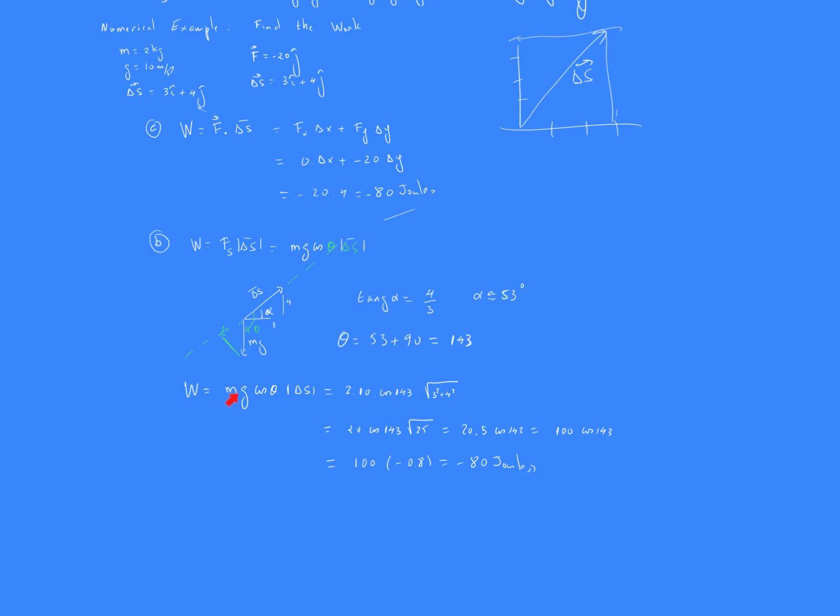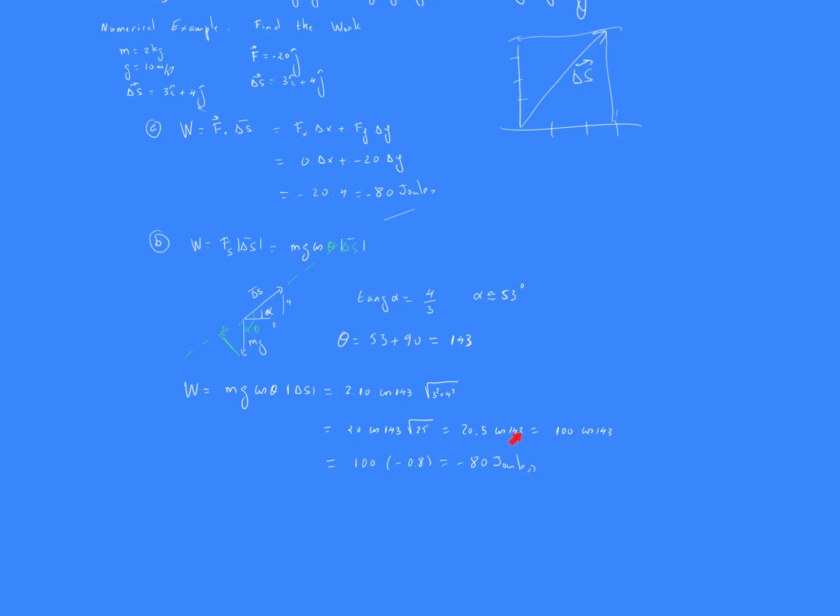So I go to my equation for the work. The work is mg cosine of theta times delta s. So it will be 2 times 10 times cosine of 143. And the magnitude of the displacement, because the displacement is 3i plus 4j, will be the square root of 3 squared plus 4 squared, which is 25. The square root of 25 is 5. So it will be 2 times 10, 20, times cosine of 143 times 5. 20 times 5 is 100, times cosine of 143.